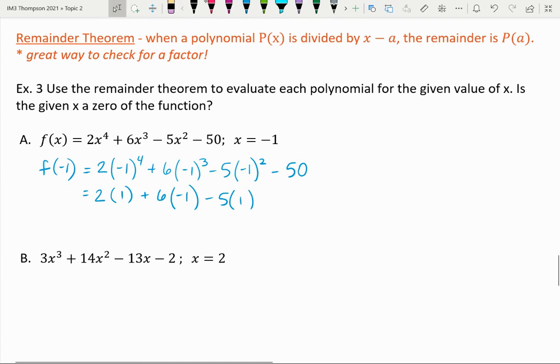Negative 1 squared gives me a positive 1. And I keep simplifying. Two times 1 is 2, minus 6, minus 5, minus 50. And when I add all that together, I get negative 59.